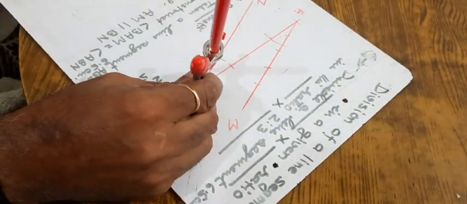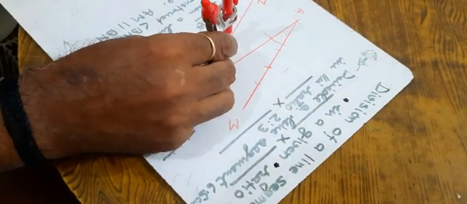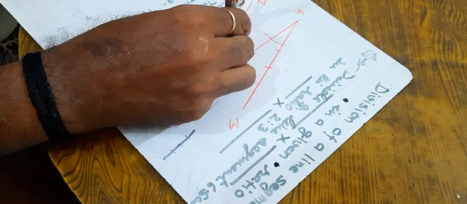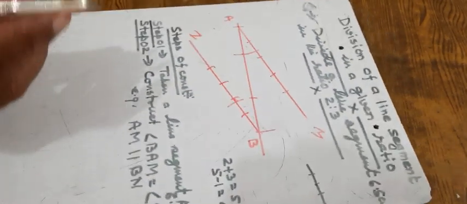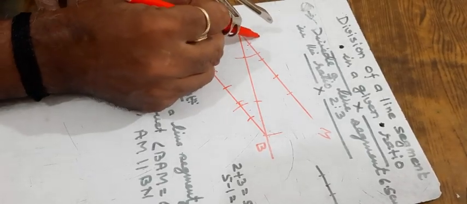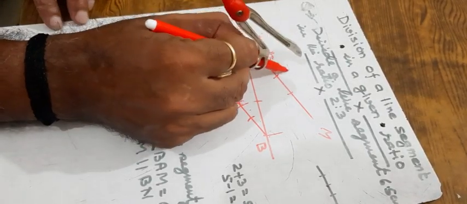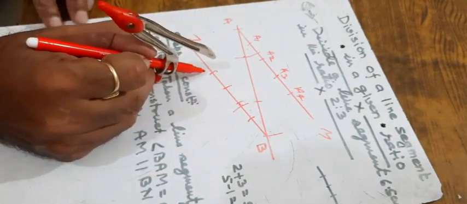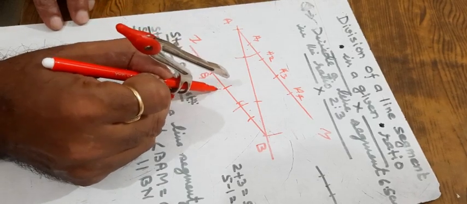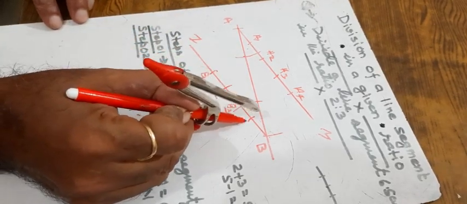Here again from B, 1, 2, 3, 4. Count it. A1, A2, A3, A4. Also here B1, B2, B3, B4.